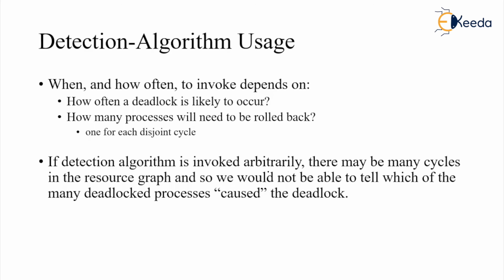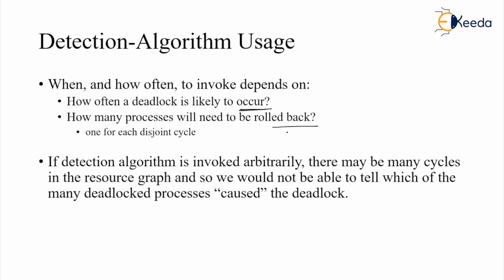The detection algorithm has its uses. When and how often it is invoked depends on how often a deadlock is likely to occur, based on history, and how many processes will need to be rolled back.